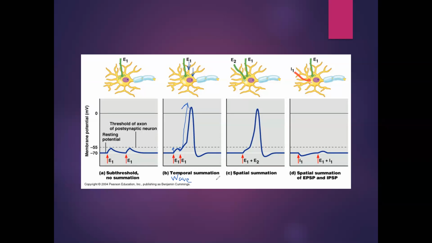Okay, then what if I have two neurons in two different places, but what if they fire subthreshold stimuli at the same time? Boom. So this is like multiple motor unit recruitment. Okay, so I sent two at the same time, and then I went whoop, whoop, and then it gave me an action potential. Okay, and then it went back down again. So this is spatial summation. So, let's just put a little text in here.